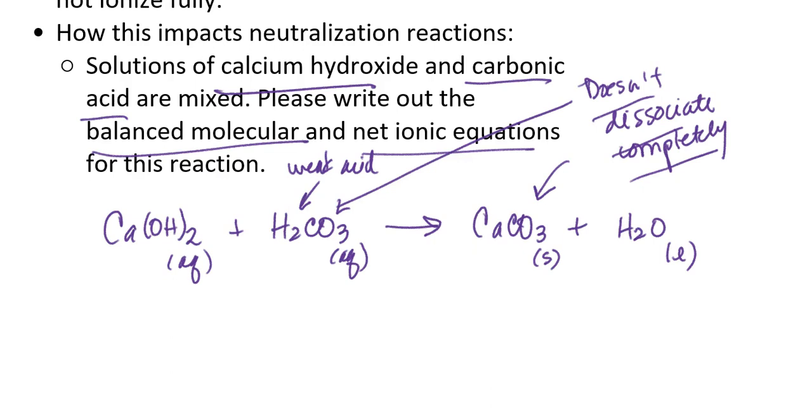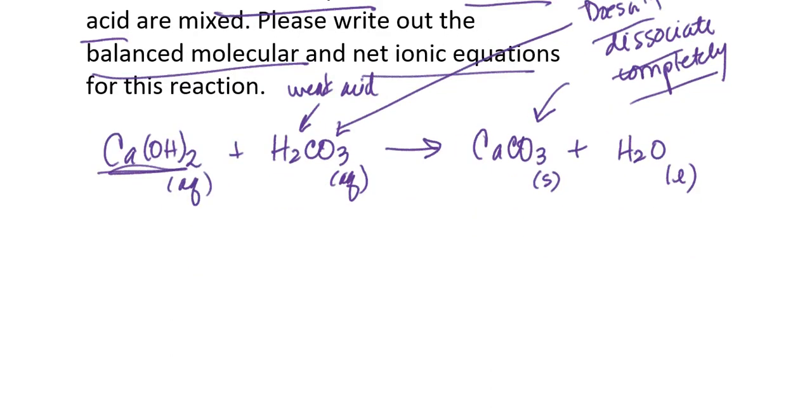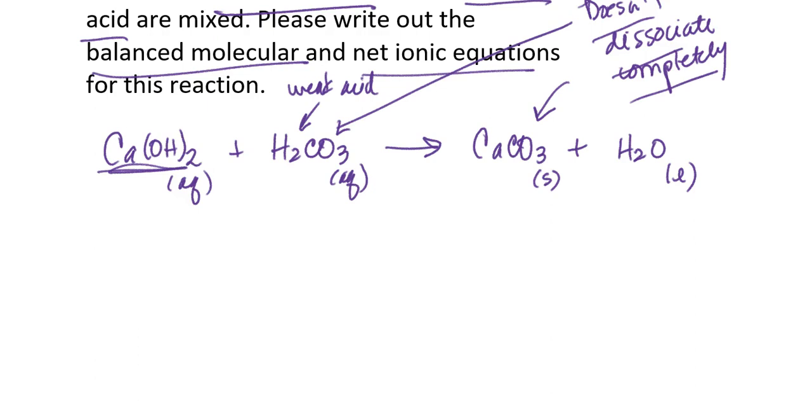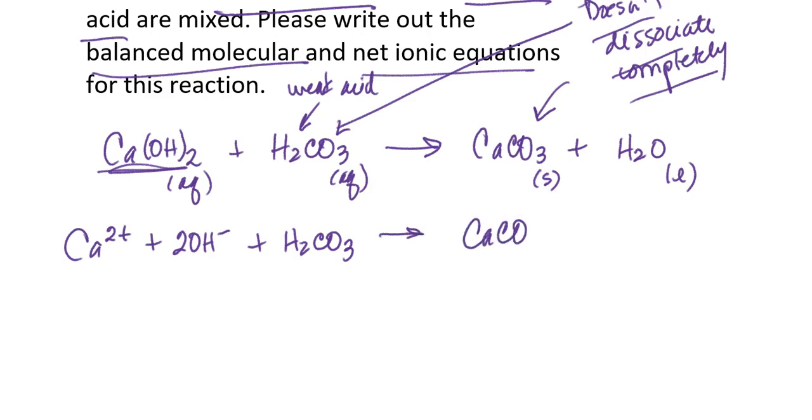And so the only thing that I can break apart into its component ions would be the calcium hydroxide. So I would have calcium 2 plus, 2 hydroxide ions. That's going to be combined with carbonic acid to give me calcium carbonate and water.